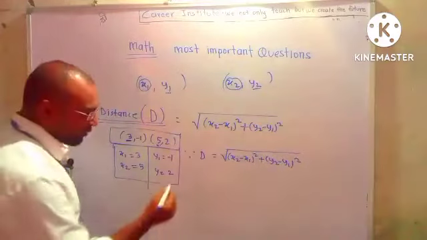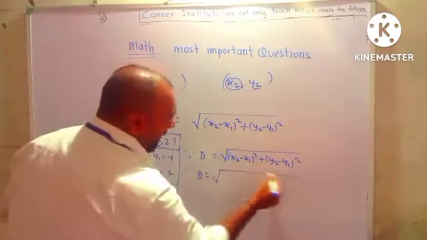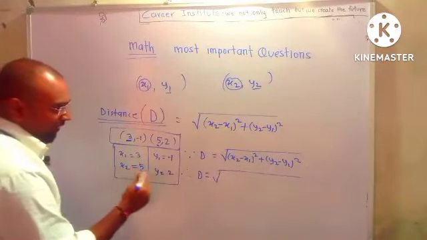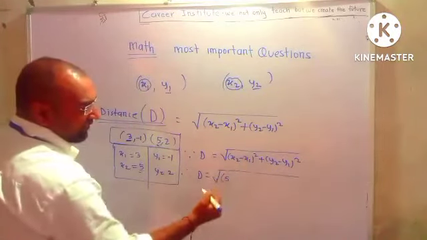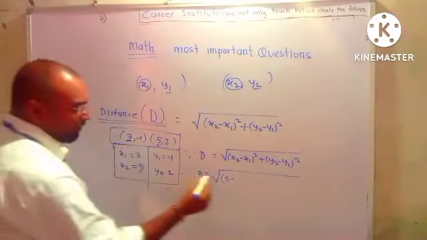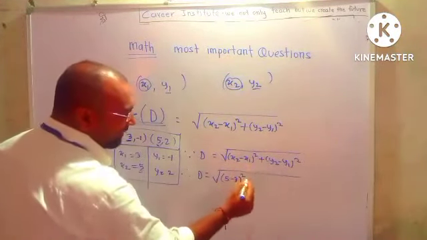Distance is equal to root of x2. The value of x2 here is 5, minus x1, which is 3, then whole square.